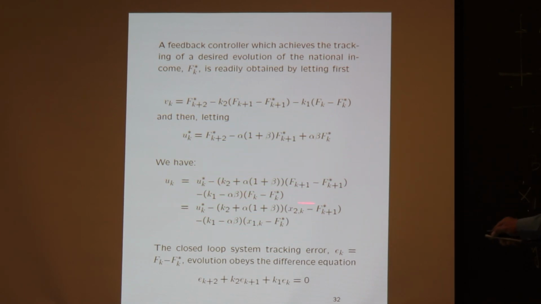So u_k will have a different expression, in terms of the states, or in terms of the tracking errors in the present and in the future. By feeding back the tracking errors, you will obtain a tracking error dynamics in which the coefficients K2 and K1 used here will give you stability of the system and convergence towards a steady state.